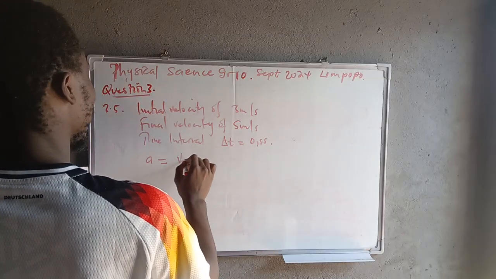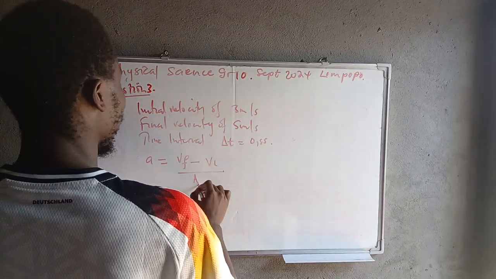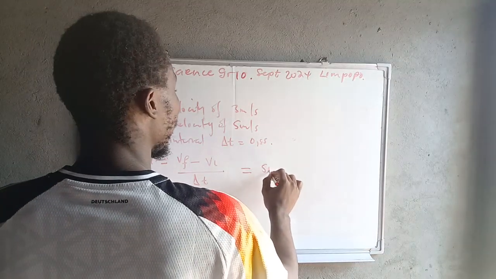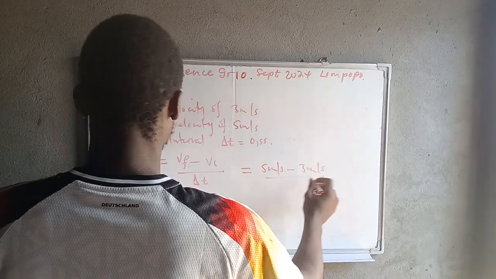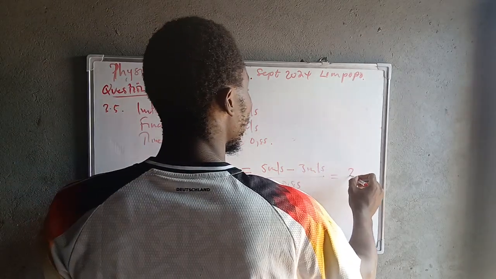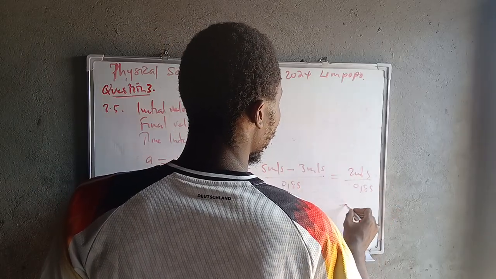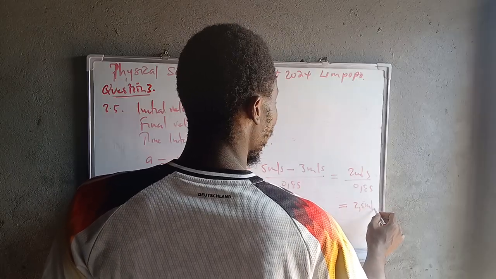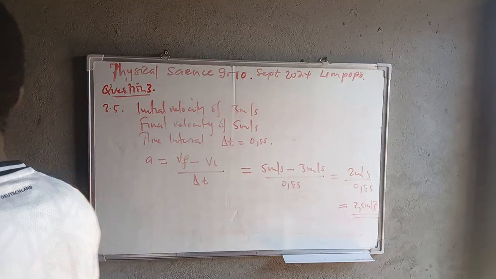Therefore, A equals final velocity minus initial velocity over change in time. So this will give us 5 meters per second minus 3 meters per second over 0.8 seconds, and we are going to have 2 meters per second over 0.8 seconds. So we are going to get 2.5 meters per second squared. So that brings us to the end of the question.